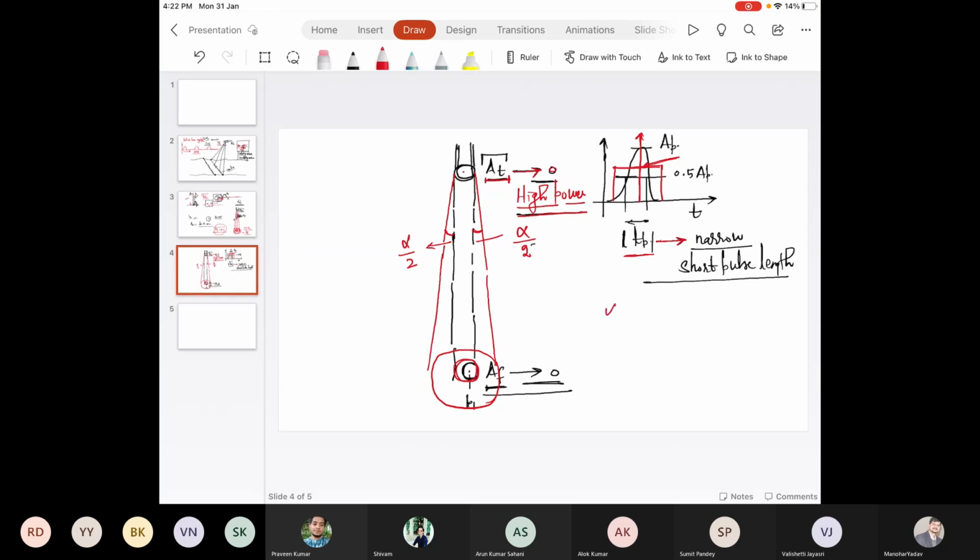This diffraction angle alpha is measured as 2.44 lambda by dt. dt is the diameter of the transmitter, and this is a monochromatic laser beam. It means it is generated at a fixed wavelength. So that is the lambda value.